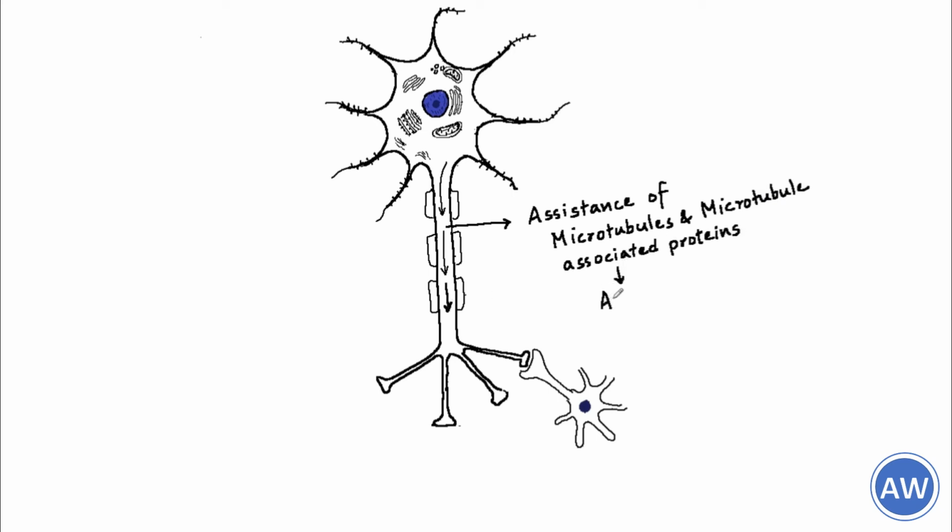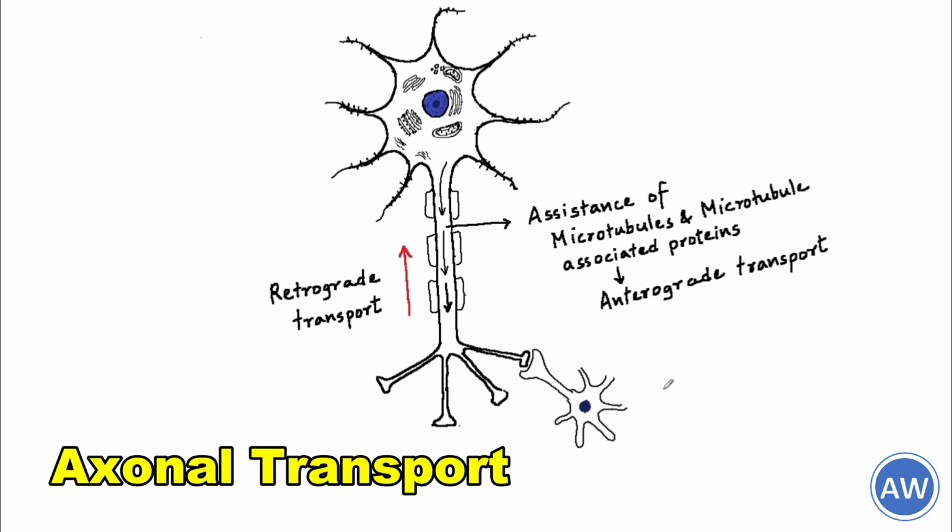Such transport from the cell body to the axon terminus is called anterograde transport. Now some materials may be conveyed in the opposite direction towards the cell body, and this process is referred to as retrograde transport. Collectively, anterograde and retrograde transport are referred to as axonal transport, a process that is dependent on the utilization of ATP.